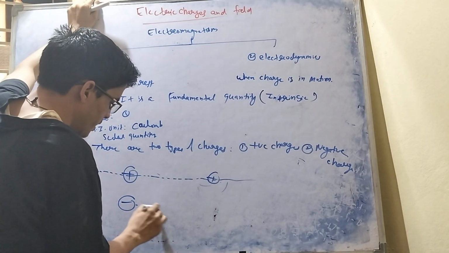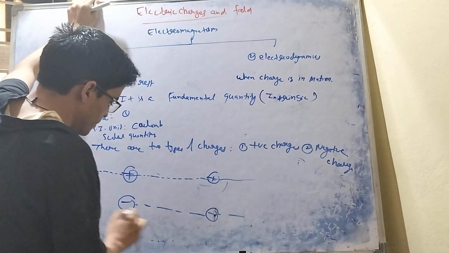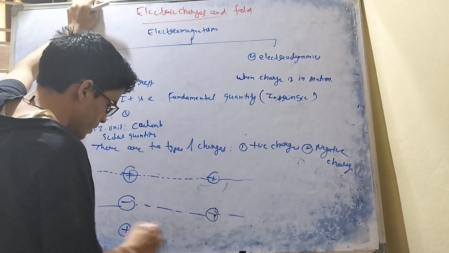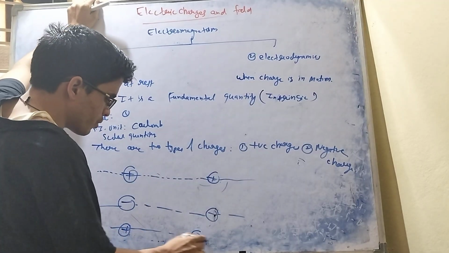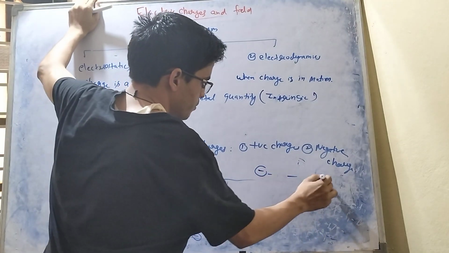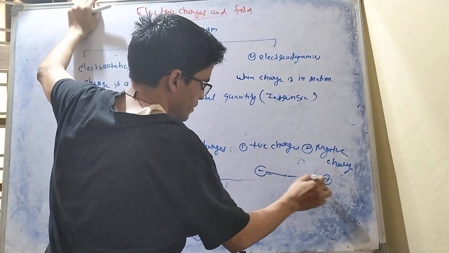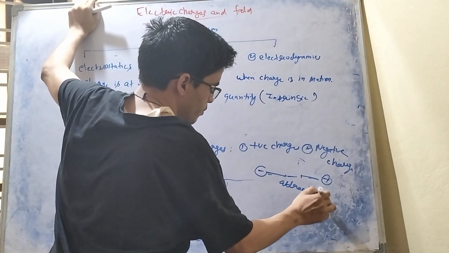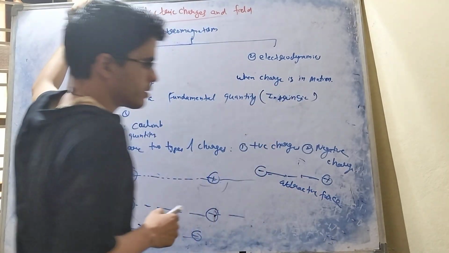Here also negative, negative, repulsive force will exist. In case of plus and minus, attractive force will exist. In case of negative and positive, here also attractive force will exist, right?